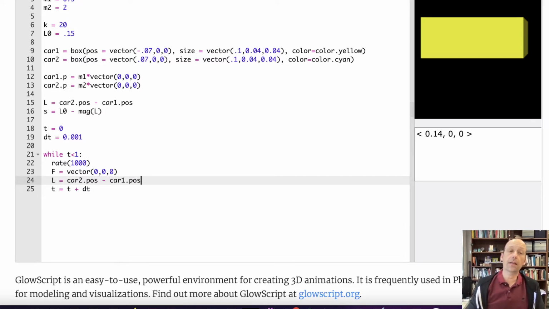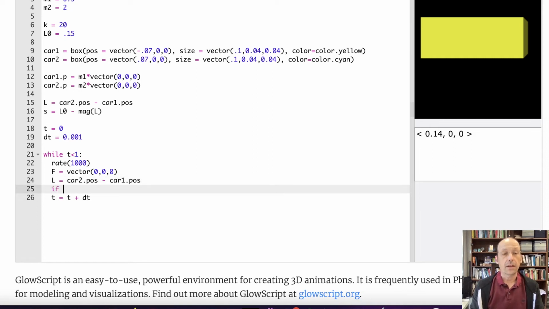I need to recalculate that so I can see if it is indeed greater than L0 or less than L0. So let's say if the magnitude of L is less than L0, then it's compressed and there will be a force. And I can calculate that force.